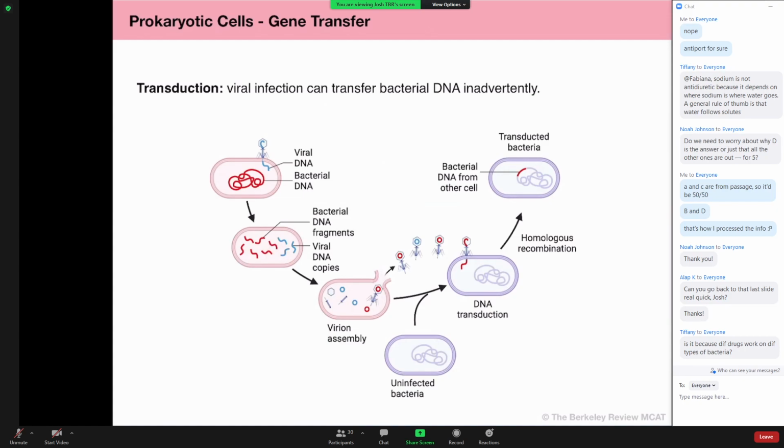Okay. And sometimes, the DNA can actually undergo homologous recombination and actually insert itself into the genome. All right. So that's transduction.